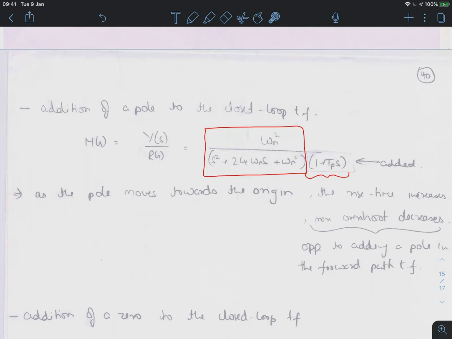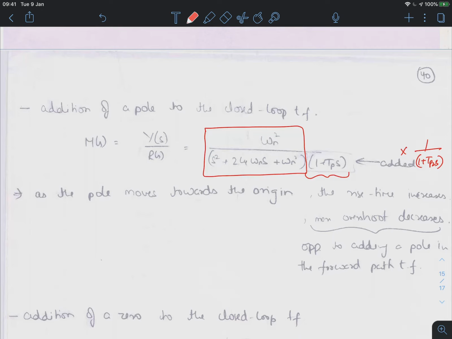If the pole moves towards the origin, the rise time would increase, with the same justification we saw earlier, that multiplying any system with a first order system would increase the rise time. It also means that if I multiply another transfer function with a pole located at tp2, let's say.